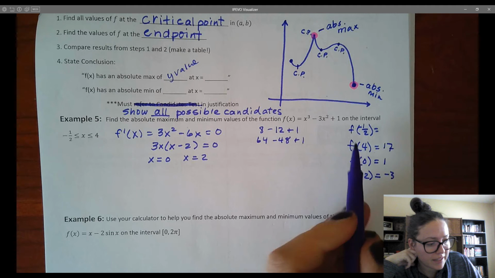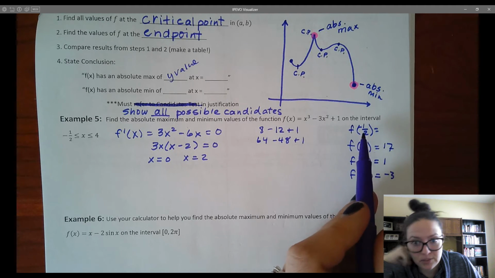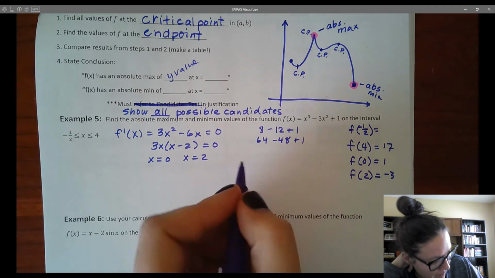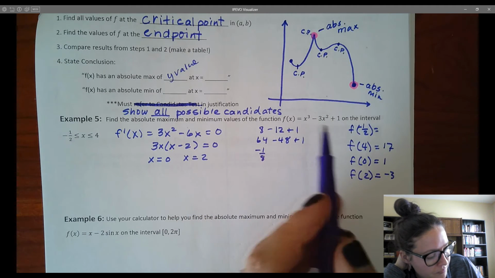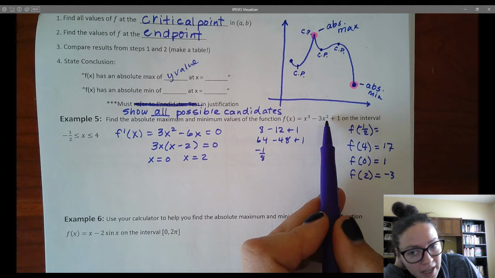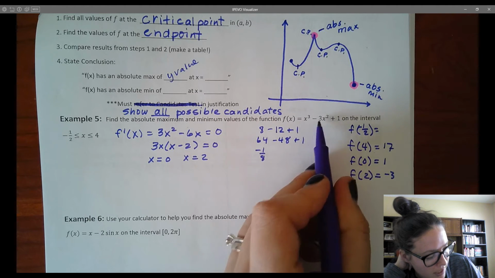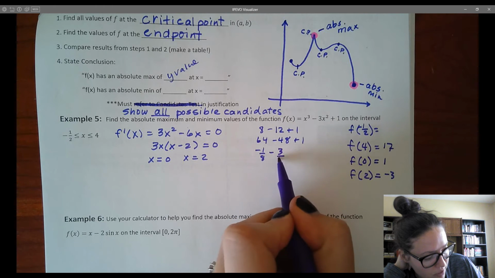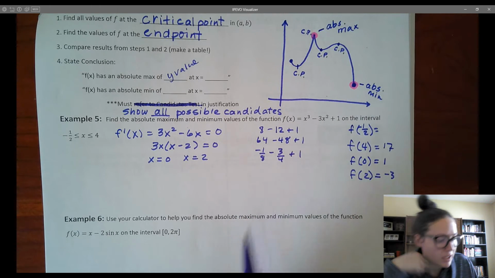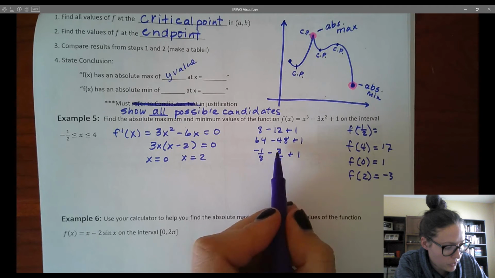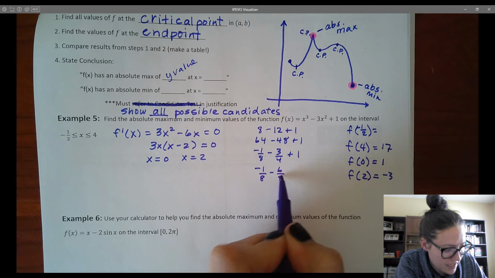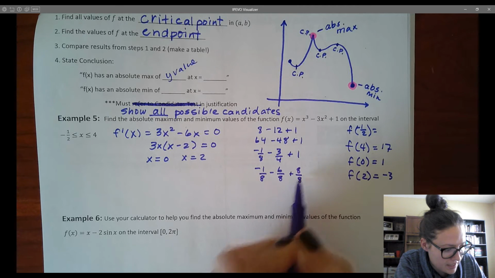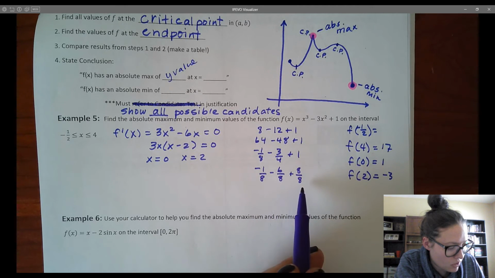Okay, -1/2. -1/2 cubed is -1/8. -1/2 squared is 1/4 times 3 gives me -3/4 plus 1. Okay, so let's real quick do some common denominator. -1/8 minus 6/8 plus 8/8. So what does that give me altogether? That gives me 1/8.